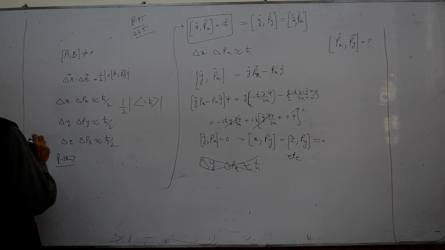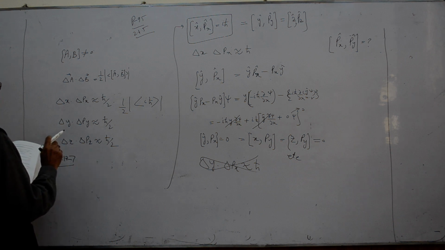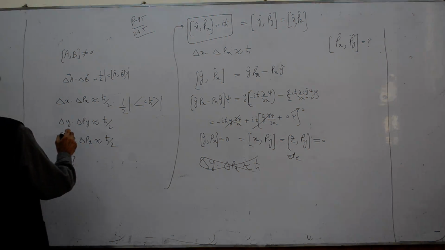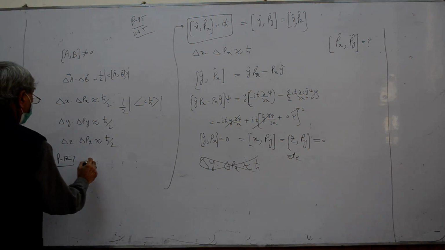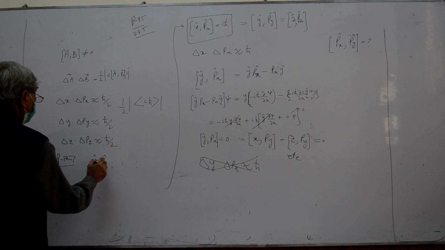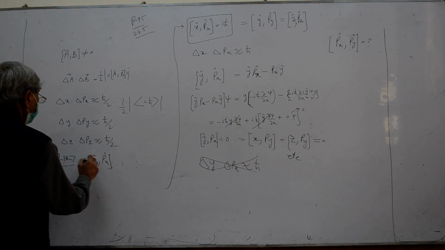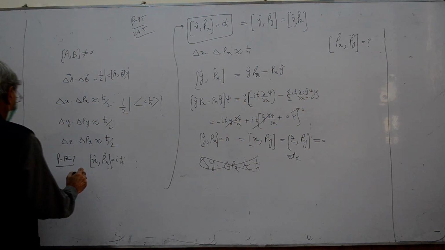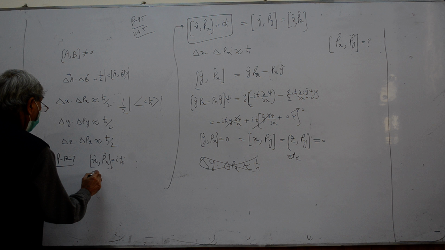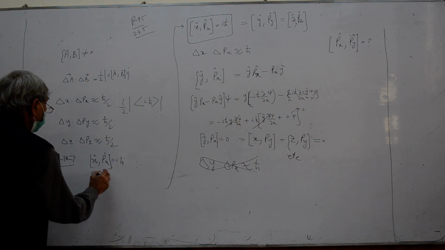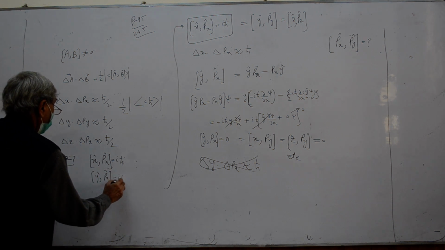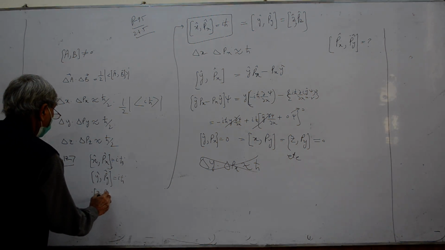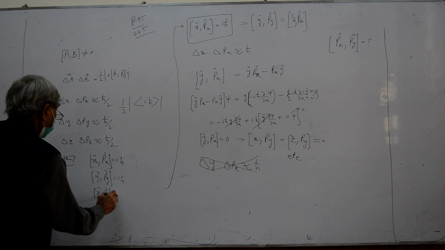He has written 3 relations like this: x px is equal to iħ, y py is equal to iħ, z pz is equal to iħ.